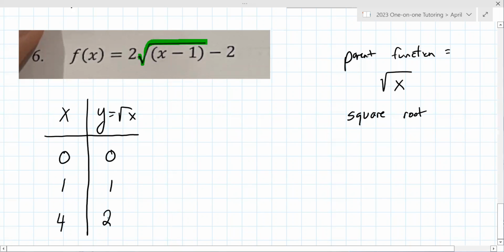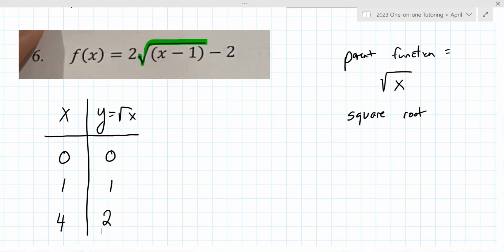So these are your new parent function values. Any questions on that? No, I'm good. I got this now.